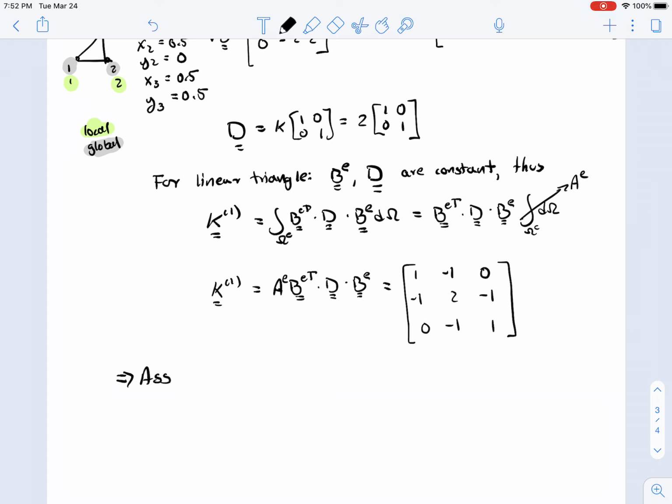And then we need to assemble into the global K. For that, we're going to write our global node numbers here as always.